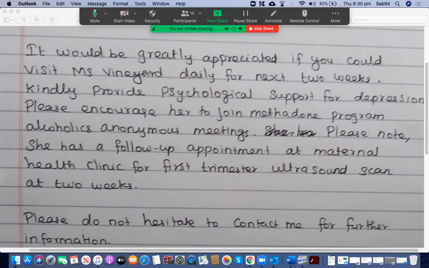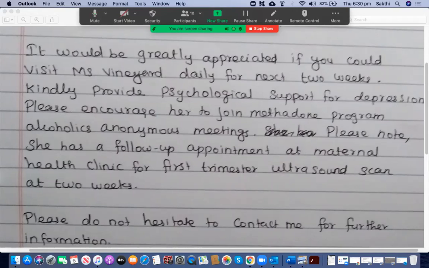For example, providing psychological support for depression is important. Then you can say also providing psychological support for depression and encouraging her to join methadone program or Alcoholics Anonymous meetings are equally important or are vital. Do you know what I mean? You could have used those kinds of passive voice structures, please.